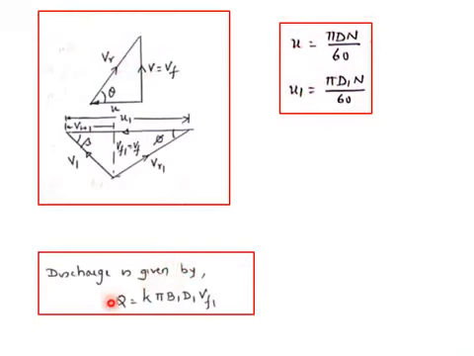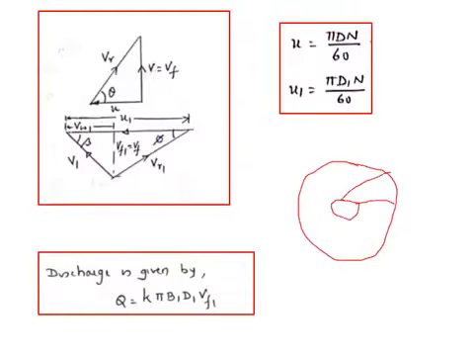We have a slight change in the discharge formula. Here the circumference is pi into D, but the water is entering like this and coming out like this, and D1 is the outer circumference. When it comes out, because the vanes have some thickness, you have to deduct the thickness.